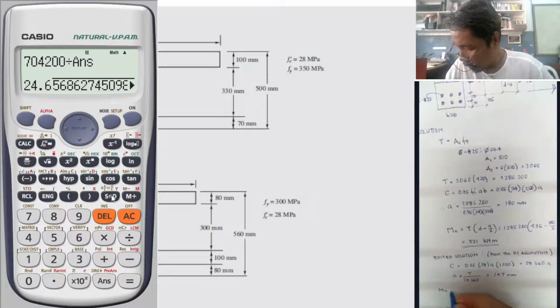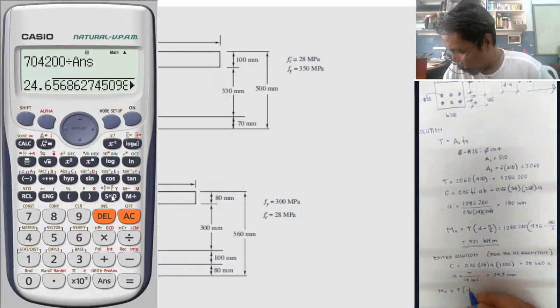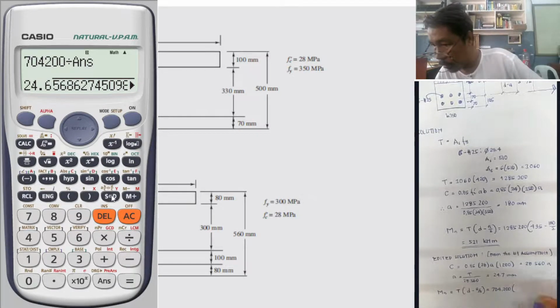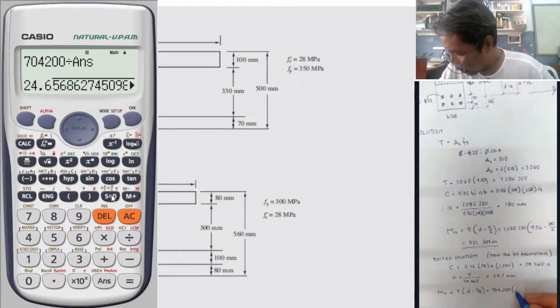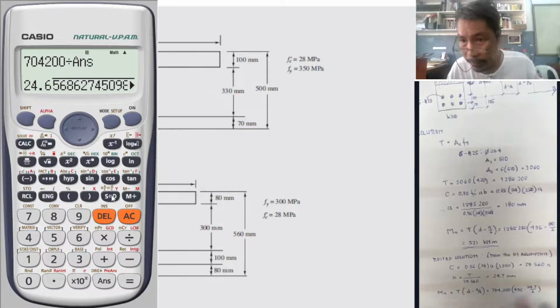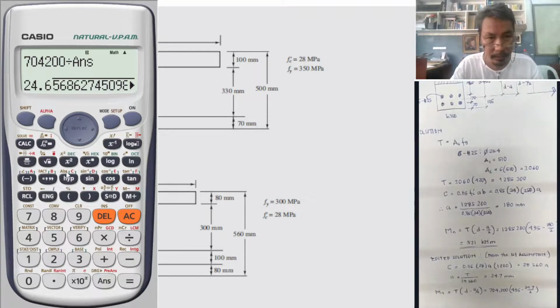Mn, therefore, is T times what? d minus a over 2, which is equal to T is 704,200. d, we already know what is d, 495. 495 minus a, 24.7 over 2. And what is the answer? So let us use our calculator.